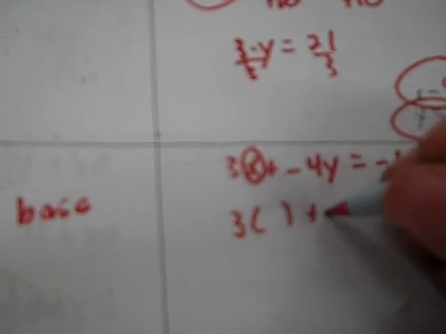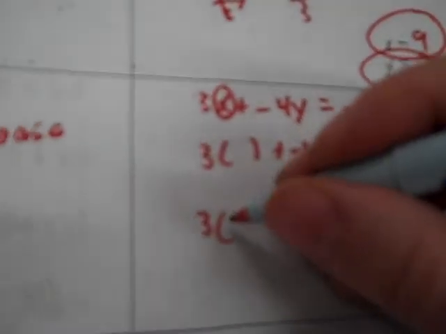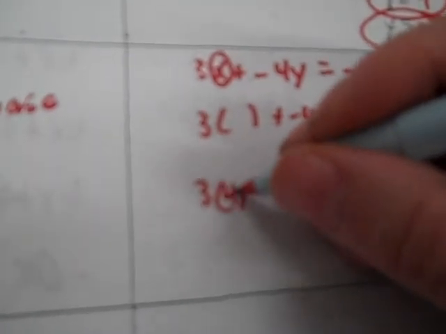So I have 3, put an empty parentheses, and then I plus negative 4y. I write the same thing down except in empty parentheses where the circled letter's at. Okay, now we extend the parentheses and add negative 4y, same thing. And I will be putting 4y plus negative 40, if you can fit it in there.